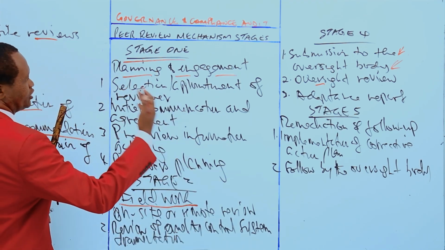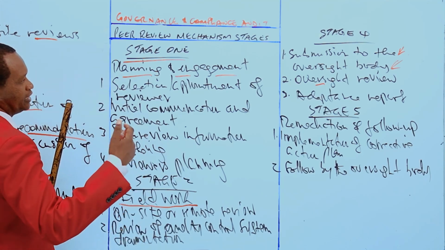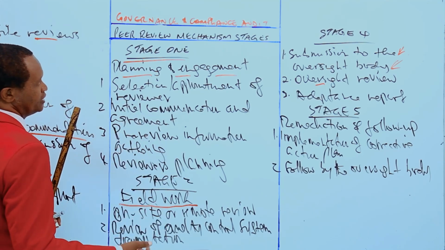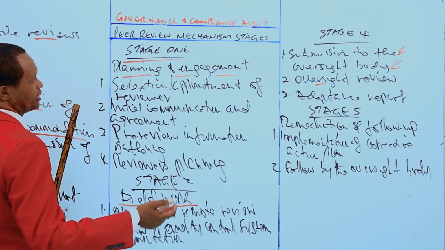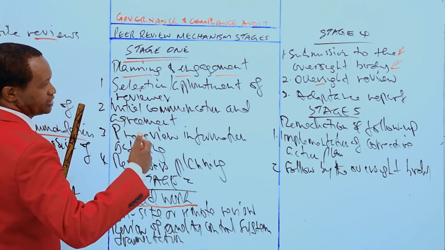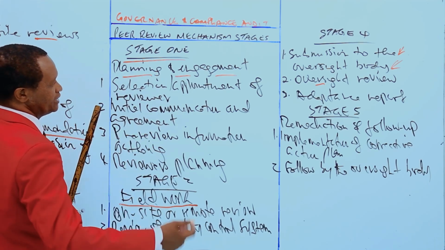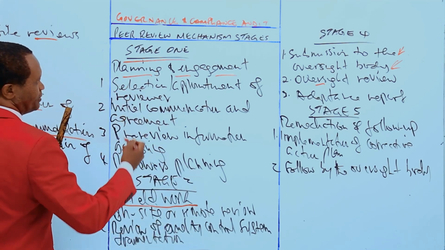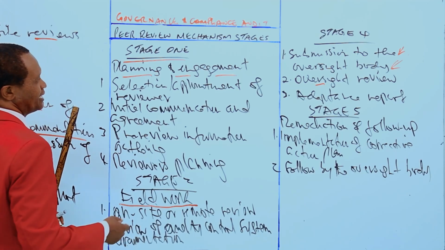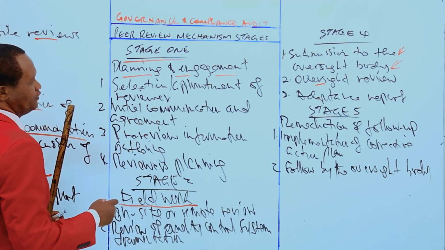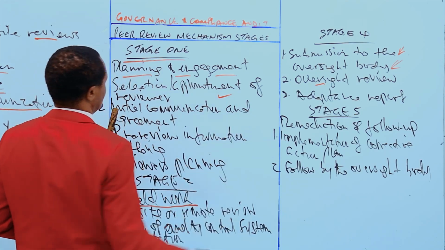This is the governance and compliance audit firm, which is being reviewed by an independent reviewer. So the audit firm must first select and appoint a reviewer. That's the first thing to do.